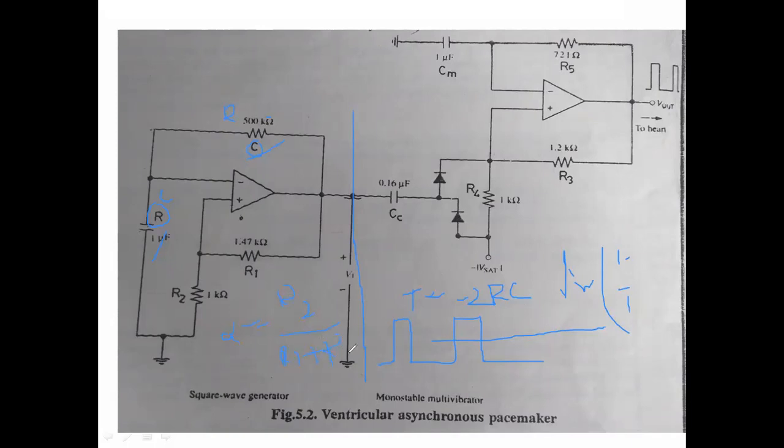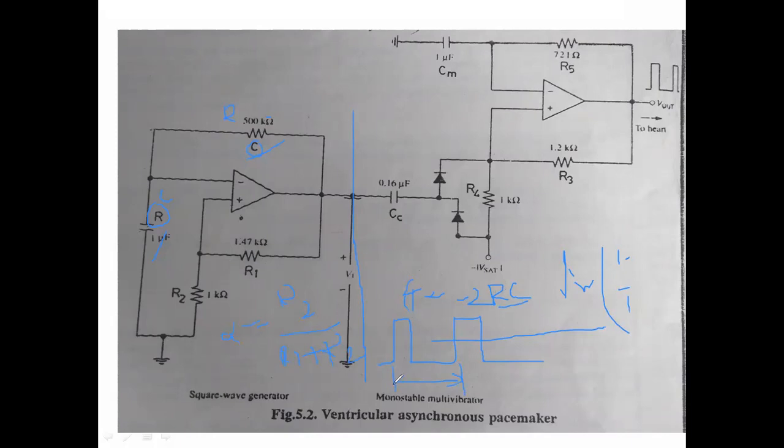Based upon this ratio and the values of R and C, the time period will change. We can change the time period of the generated square wave pulses.